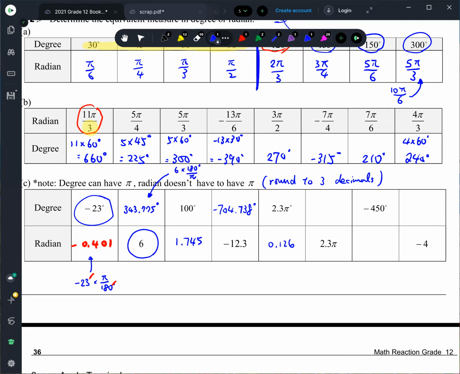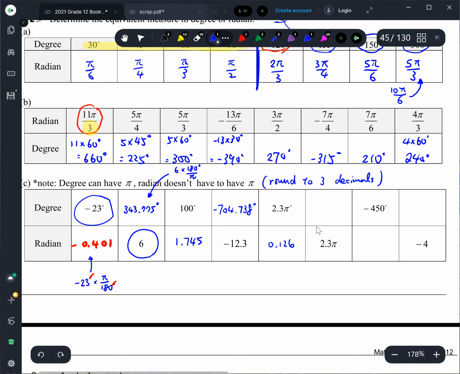Oh yeah, 126. Yeah, okay, round to 3 decimal places. So same with the homework, okay, make sure you round to 3 places. Okay, please raise your hand if you finish all the problems.